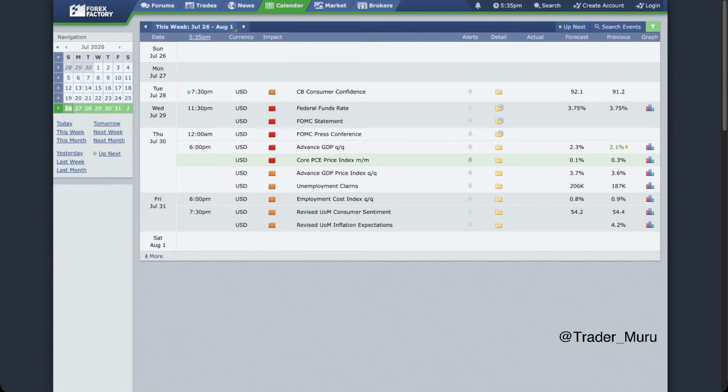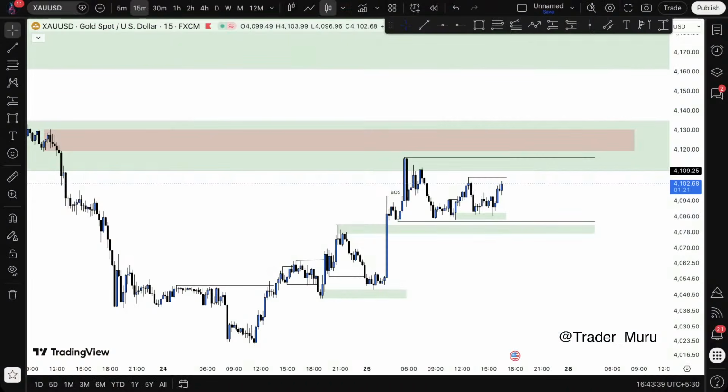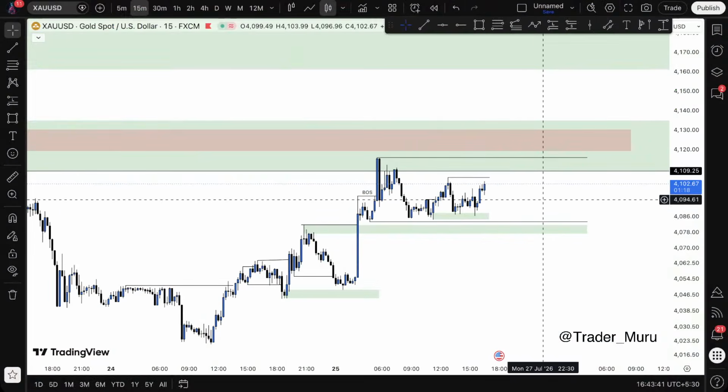Fundamentals are still bearish for gold, as I'm expecting that federal fund rates are going to remain the same as previous. The forecast is the same as previous. So it is indicating that bearish pressure will continue in gold. There will be no new buying added on gold. So that's why we are looking for short. There is a reason behind it. Structure is bearish and fundamentals are also bearish.